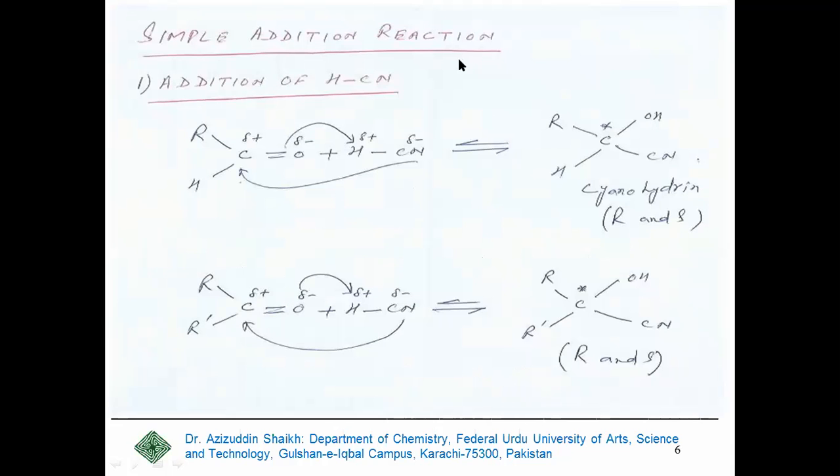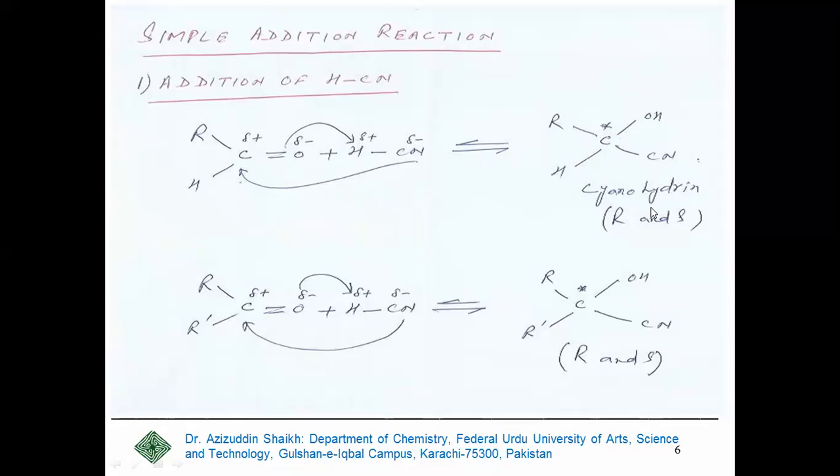Now we are going to describe simple addition reactions. Addition of hydrogen cyanide. This is hydrogen cyanide, partially positive and partially negative. The cyanide is nucleophilic in nature and it can attack this electrophilic carbon. As a result, the hydrogen is added to the oxygen. This is called a cyanohydrin. This carbon was a prochiral center and is now a chiral center with four different groups.